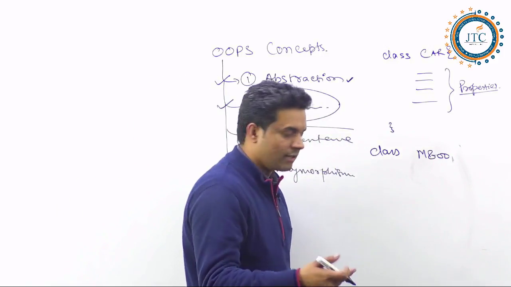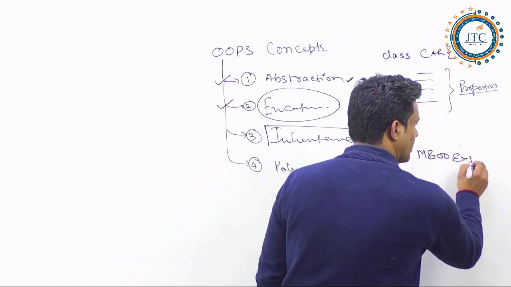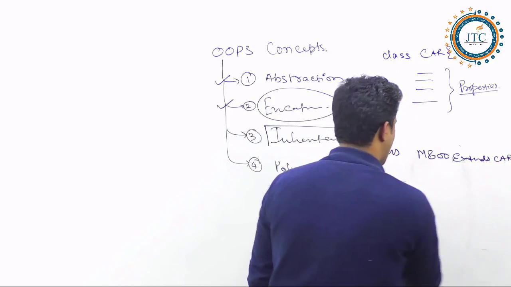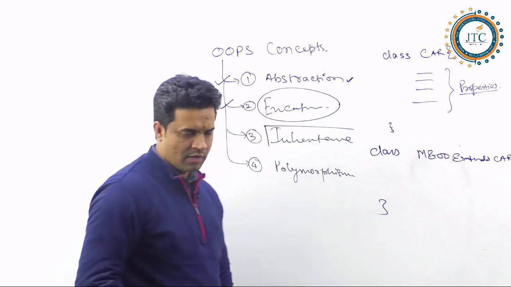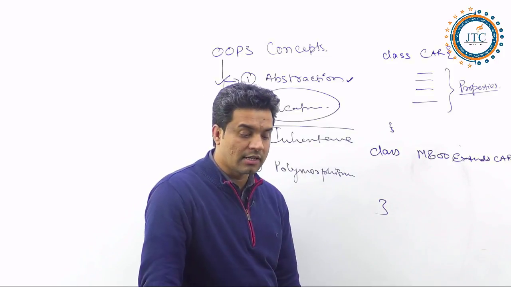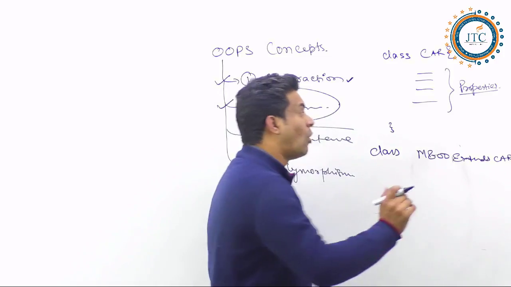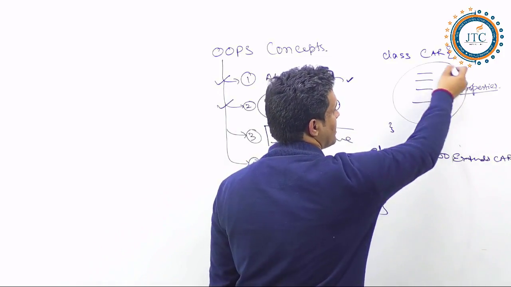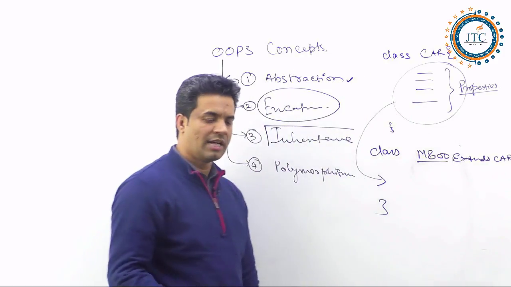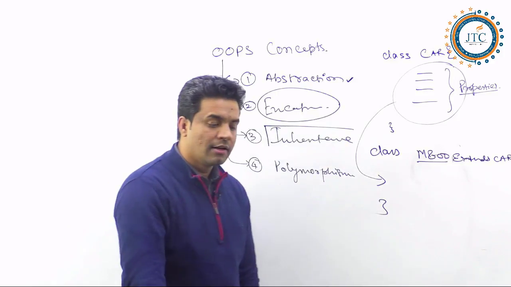It extends. What is it extending? It is extending the Car. So what will happen? All the properties that are available inside Car will be there for this M800 also. That is what we call inheritance.